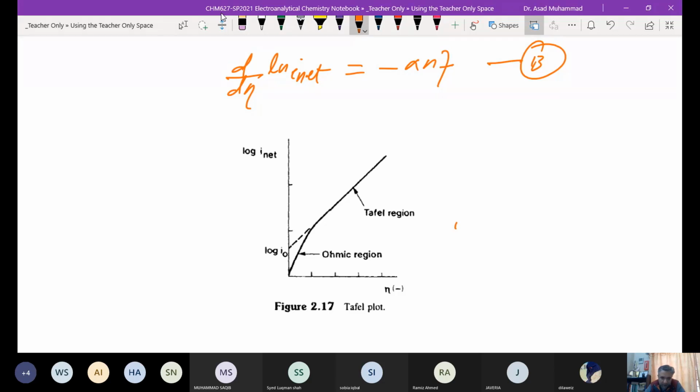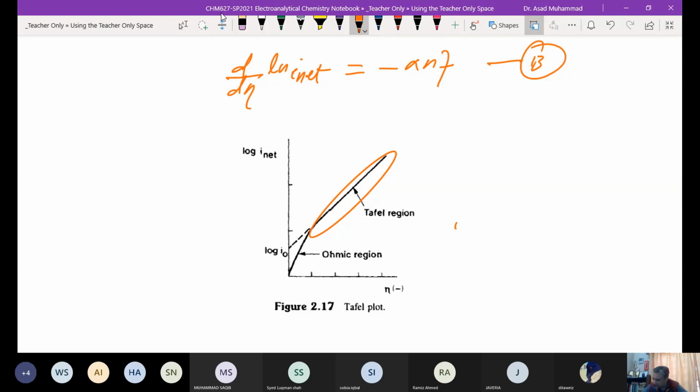And you can see that if you extrapolate the Tafel region, which is a straight line, then you get this log of I naught, and if you take the anti-log, you will get the I naught value. Similarly, you also get an ohmic region if you plot it. So this holds as long as it fits the equation, and after that the region changes, and you get an ohmic effect in the plot.